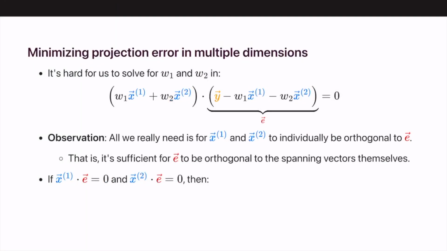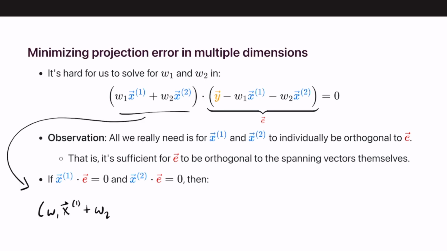So let's rewrite this part right here, and this will just be w1 x1 plus w2 x2 times e, and of course we get that e from right here.